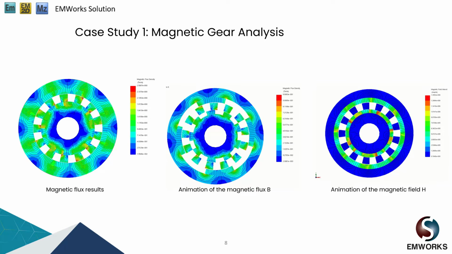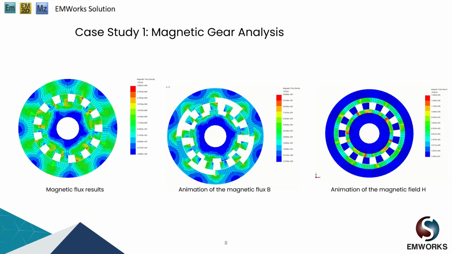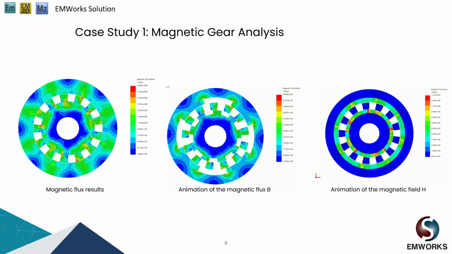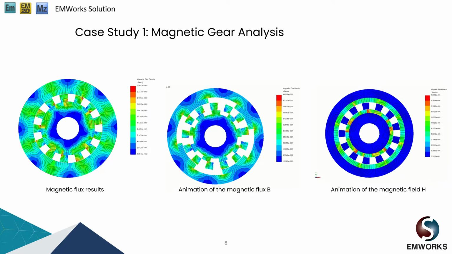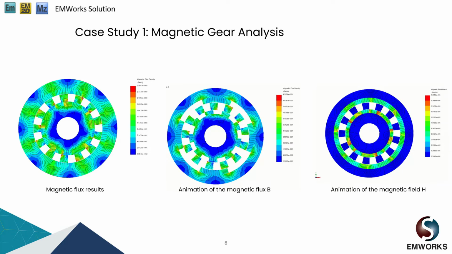The angles of the inner and outer rotors were parameterized, and the results were computed through a parametric study. Within a single study you can have different scenarios or different positions, so you don't need to create different studies.